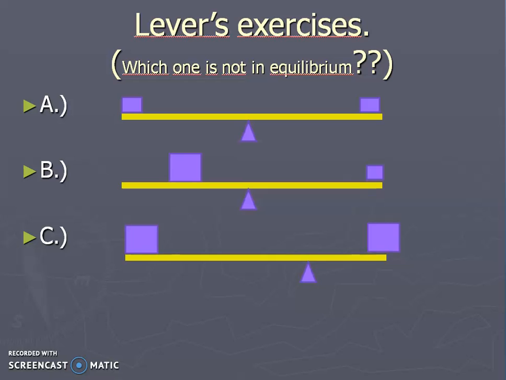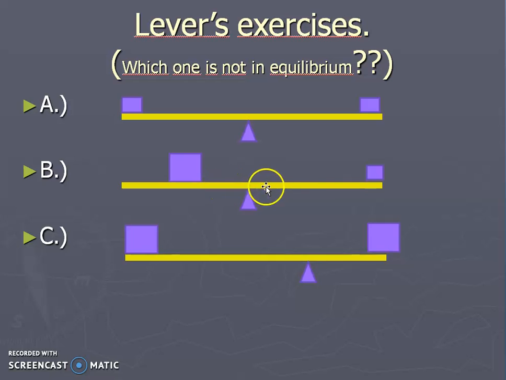Exercise. Which one is not in equilibrium? A, B, or C. This one is in equilibrium because we have the same distance and the same value for the load.